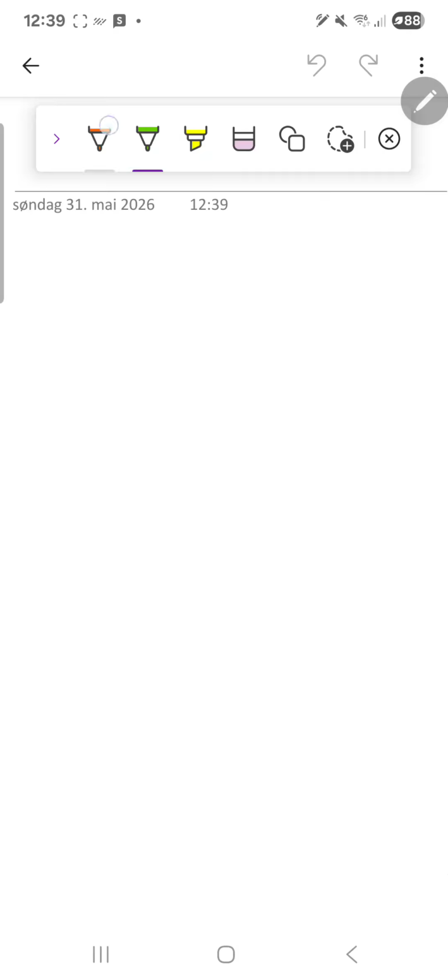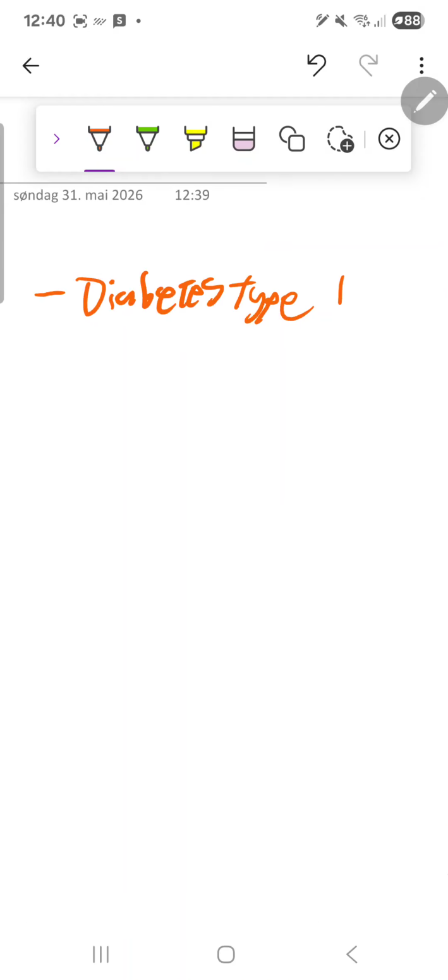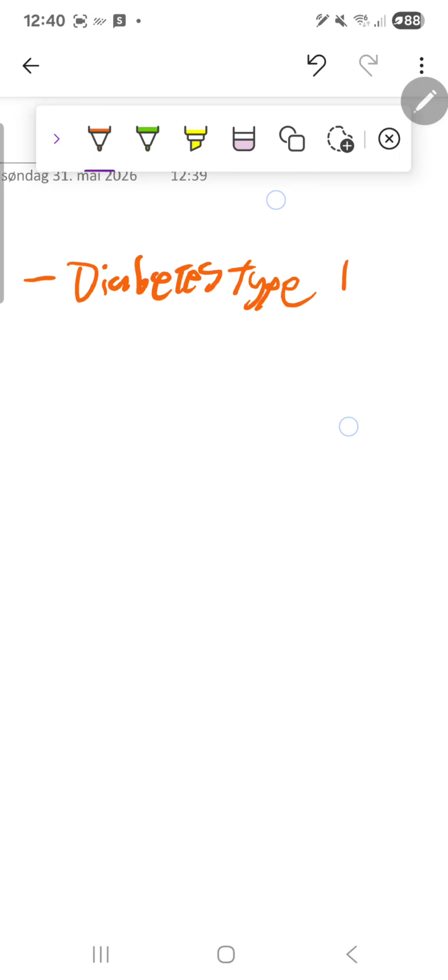There are several types of diabetes, and the first type of diabetes is called diabetes type 1, and this is like an autoimmune diabetes where the typical patient is very young and very thin and underweight, and they have auto antibodies that destroy the cells of the pancreas called the beta cells, which produces the insulin.